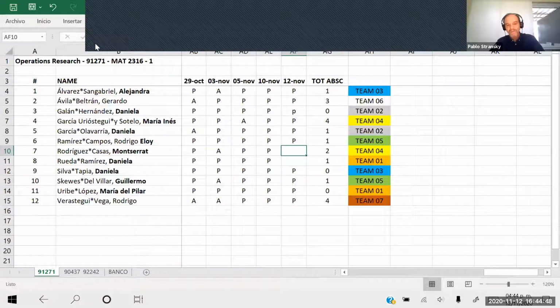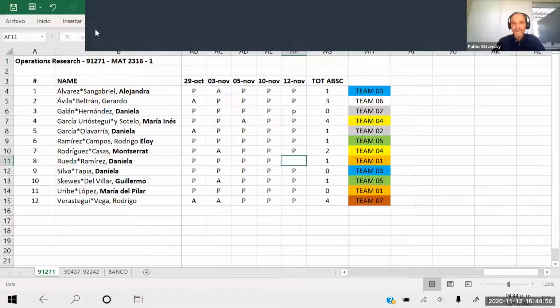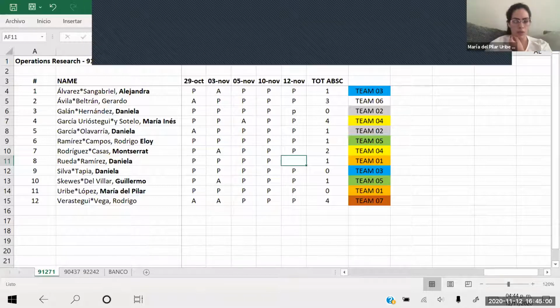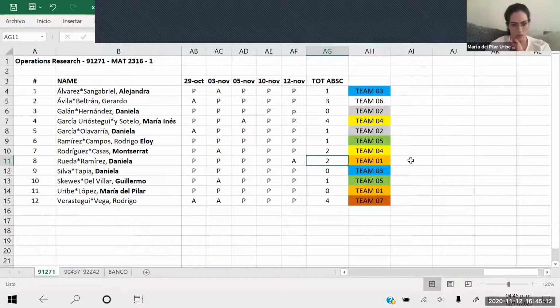She told me she was on the highway, on a road trip. She couldn't enter the class because the internet connection is bad. I don't think there's going to be a problem if we put her on absence. She only has 2 absences, nothing happens.